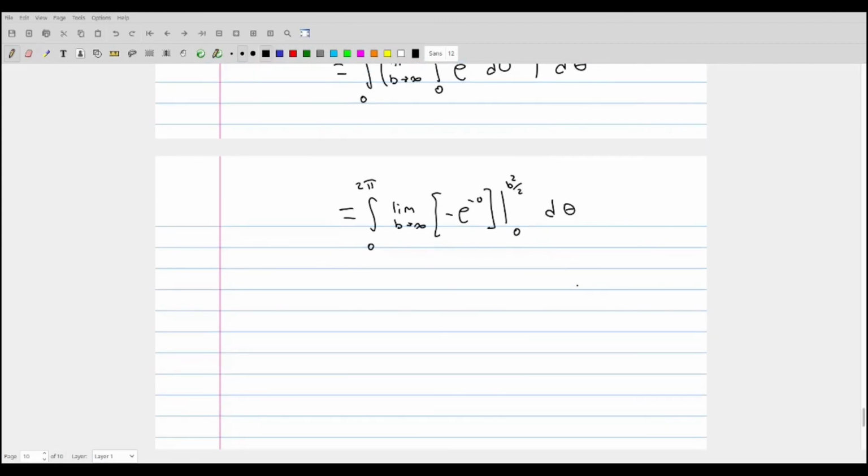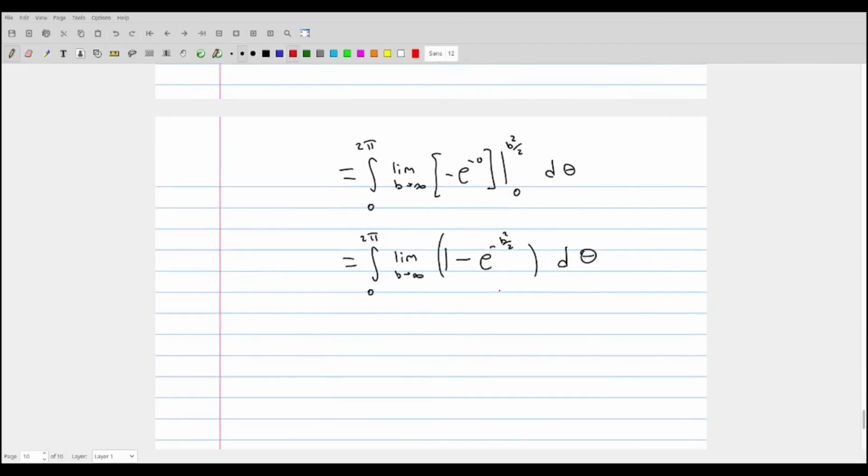And when you plug in the bounds, this becomes the integral from 0 to 2 pi of the limit as b goes to infinity of e to the 0, which is 1, minus e to the negative b squared over 2. The limit of which is equal to 1.